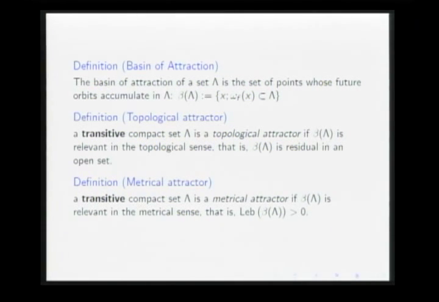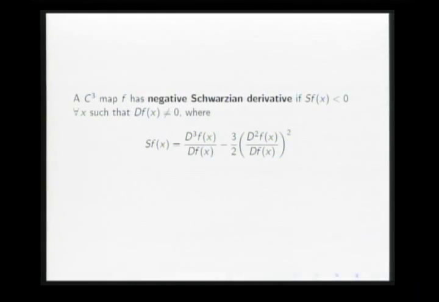So what we are going to study now are the topological attractors that can occur for Lorenz maps. Something that we will take as a hypothesis soon is that the induced maps have negative Schwarzian derivative. This is a usual object that has good properties.